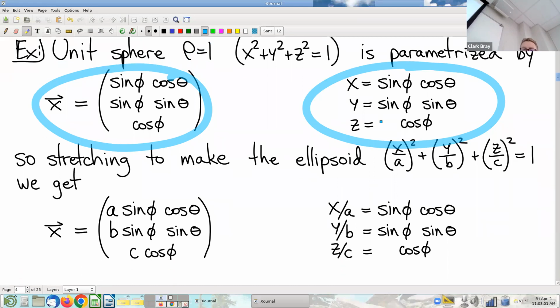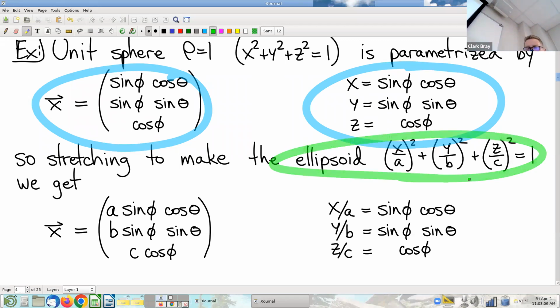And let's see, that's not what I wanted though. I want the ellipsoid. What's the relationship between this sphere and this ellipsoid? Well, we all remember this ellipsoid from chapter 2, from long ago.